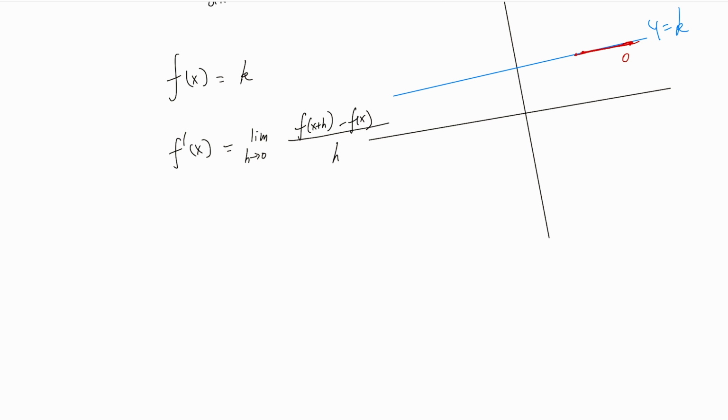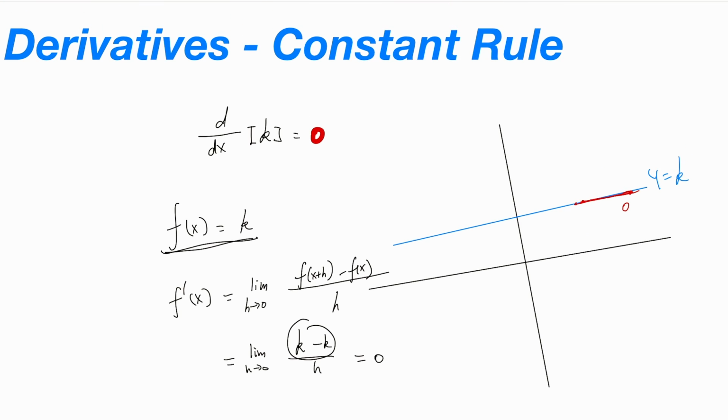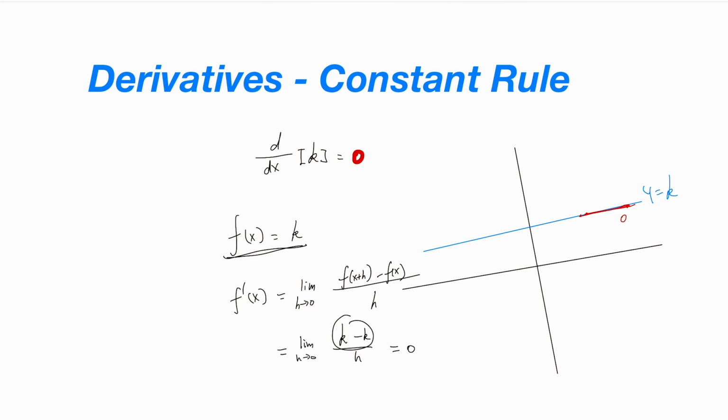With our definition of f(x), that will just be k minus k over h as h approaches 0, and k minus k is just 0, and every numerator that is 0 results in a 0. So we've proved that our constant rule is true.